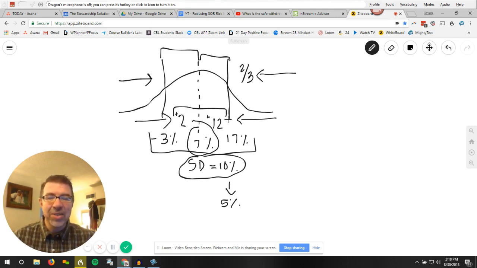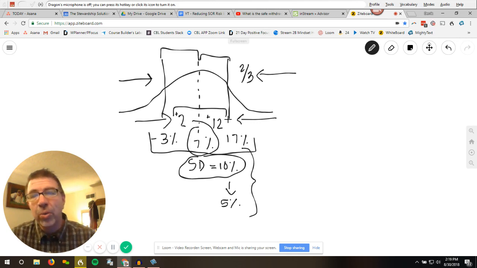Compressing it so that the range of returns 2/3 of the time is between 2% and 12%, versus negative 3 and positive 17. So this whole standard deviation number, which describes the range of the returns, is what we're trying to reduce. We're trying to compress that range so that we don't have big highs and big lows, and that's what really makes a portfolio vulnerable to sequence of return risk, those big ranges.